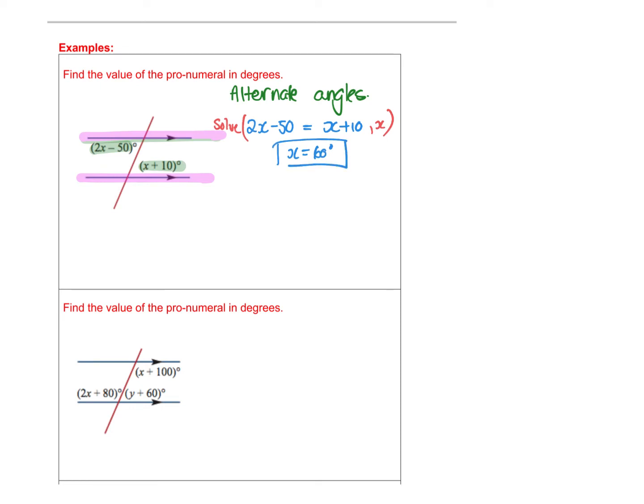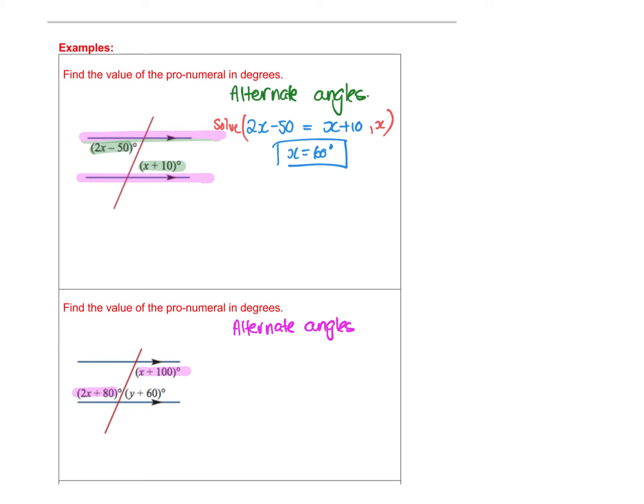Now with this one down here, we've got two unknowns, so we've probably got to work out one first. I'm going to work out the x first. I can see here these two, and those are alternate angles again.